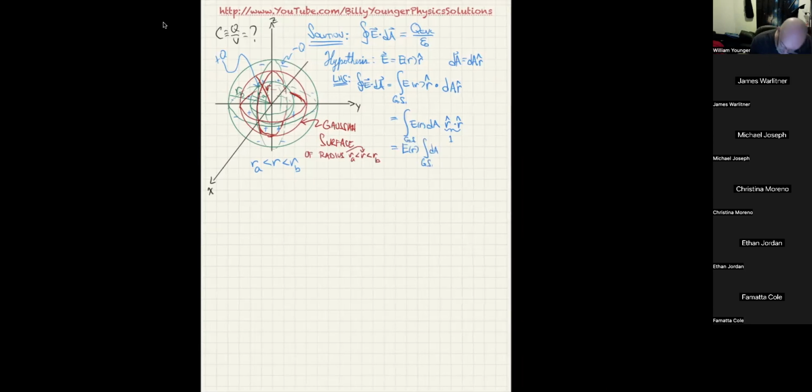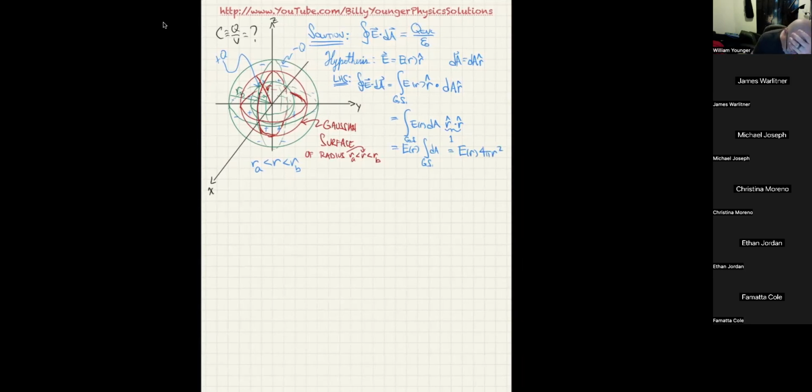We know the surface area of a sphere of radius r is 4 pi r squared. So the left-hand side just becomes E of r times 4 pi r squared, and the left-hand side is done.